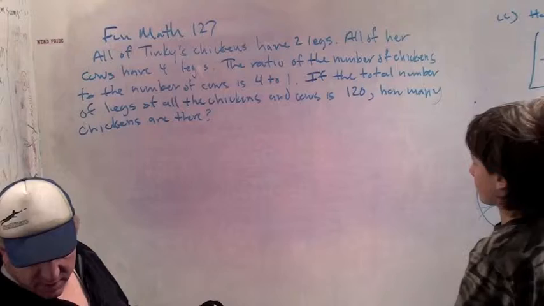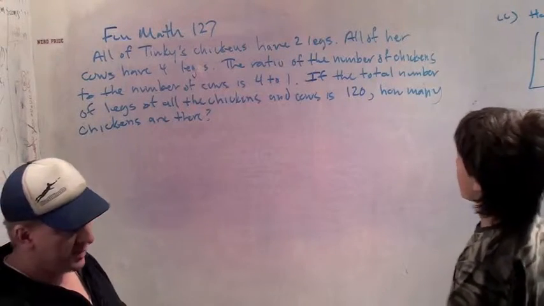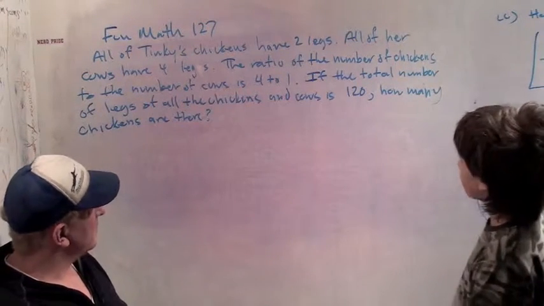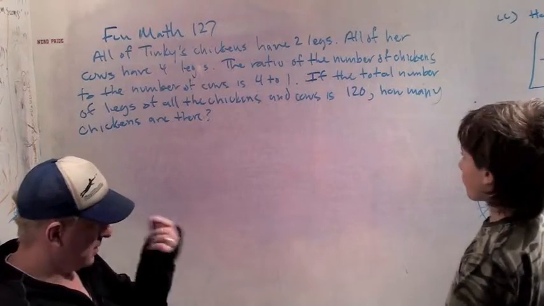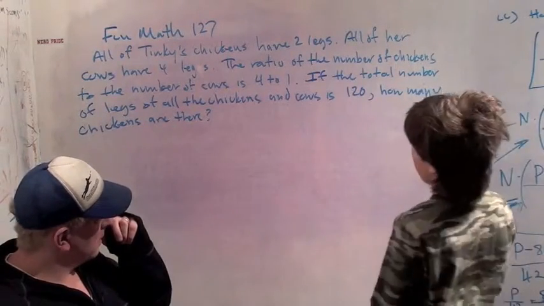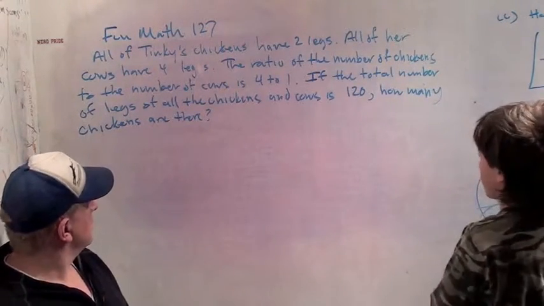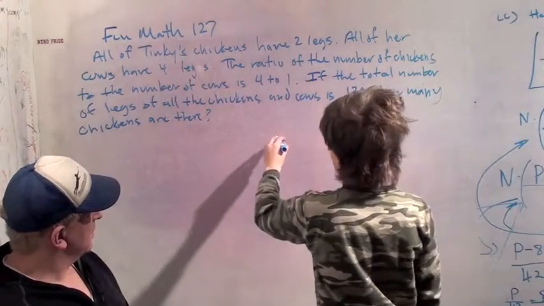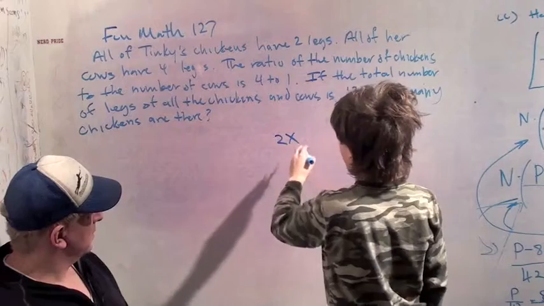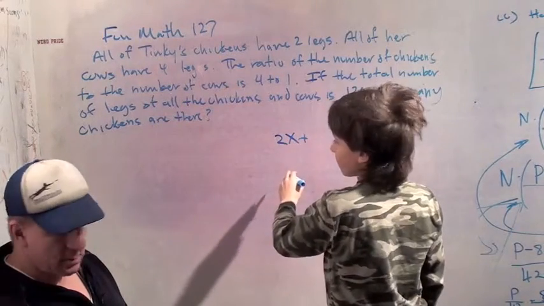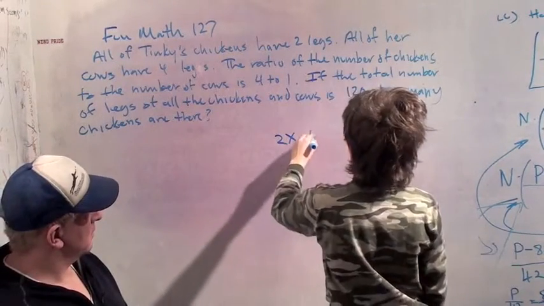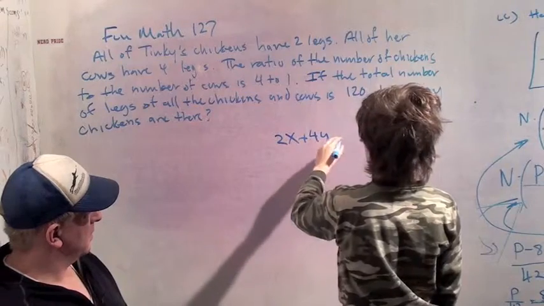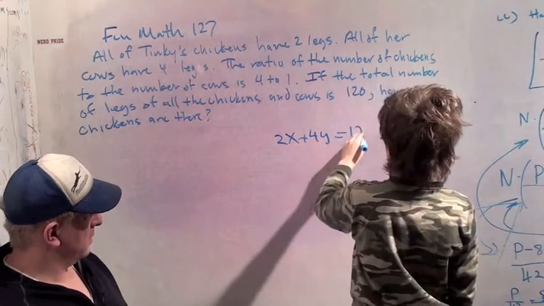While you're starting, I'm going to look for an eraser. Go ahead. Well, there's a couple of equations we can make here. For the last sentence, the total number of legs of all the chickens and cows is 120. We can say 2x for the number of chickens' legs plus 4y for the number of cows' legs equals 120.